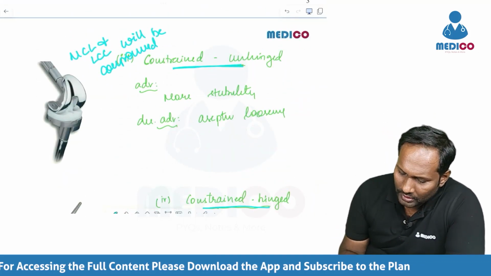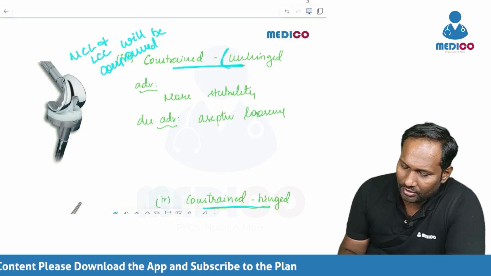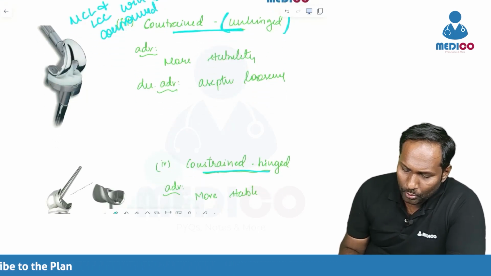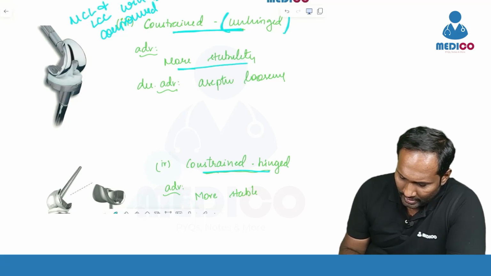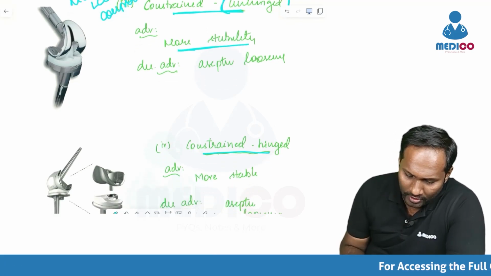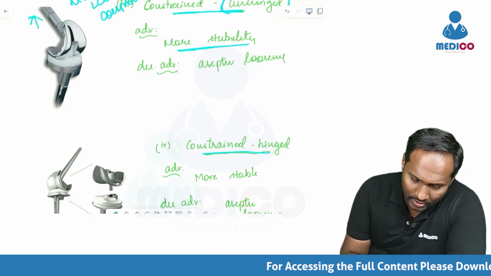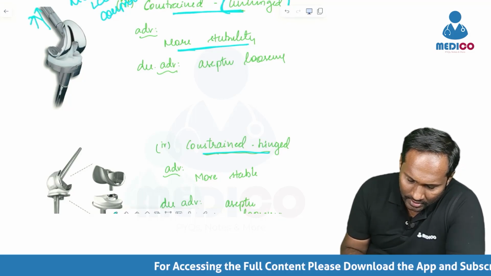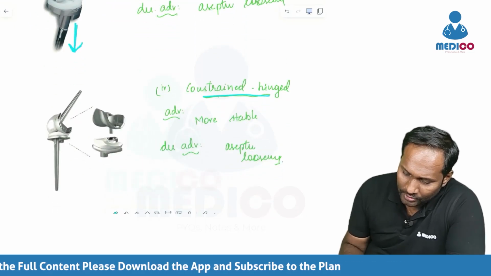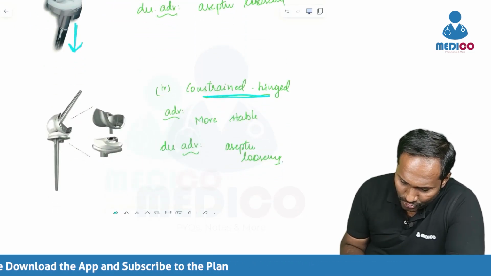The first one in the constraint prosthesis is the constrained unhinged prosthesis, where you give more stability. More stability is offered by increasing the femoral size and the tibial size. The next one is the constrained and hinged one.